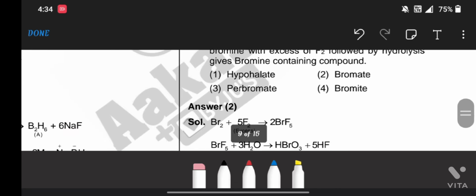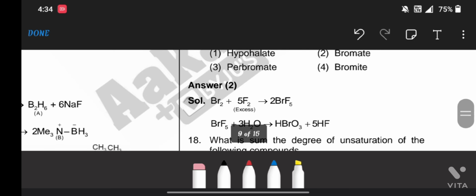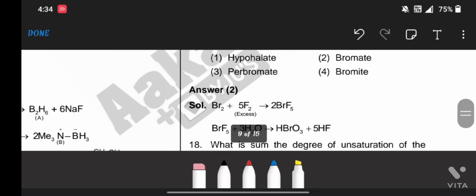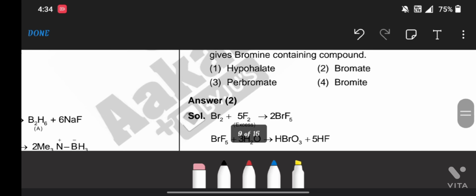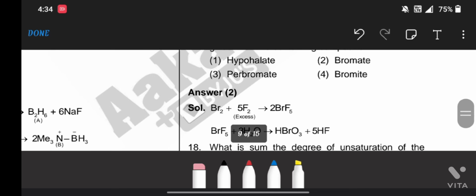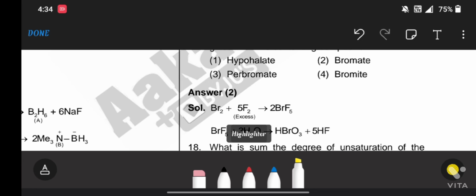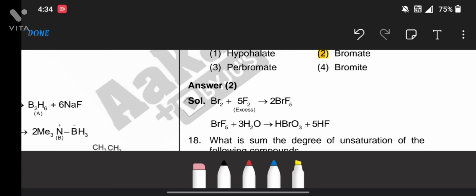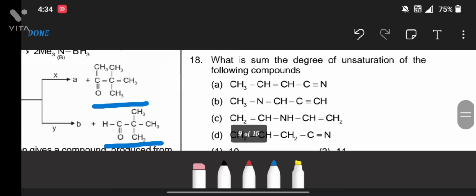Then we get bromate. So option B is the correct answer for question number 17. Moving on to our next question, question number 18. What is the degree of unsaturation of the following compound?